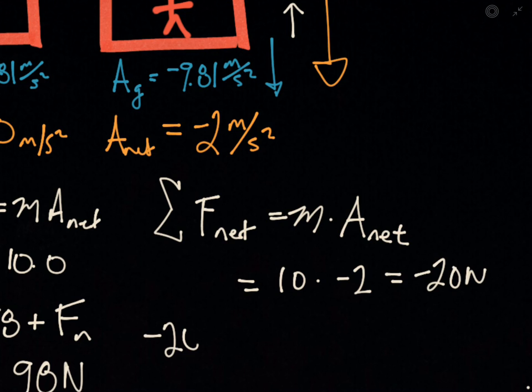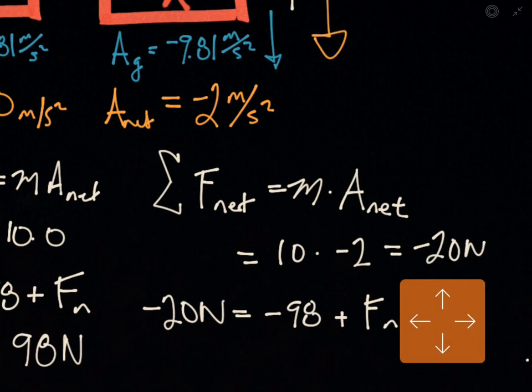So negative 20 newtons is equal to the sum of the forces, the two forces acting in the vertical direction on this object: again our negative 98 newtons, which is due to gravity, which is the weight, plus the normal force.